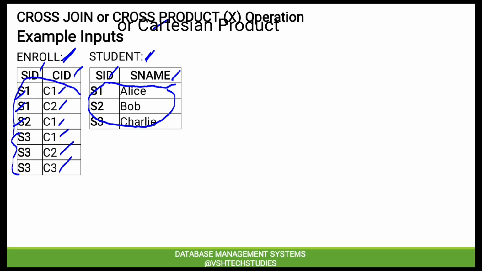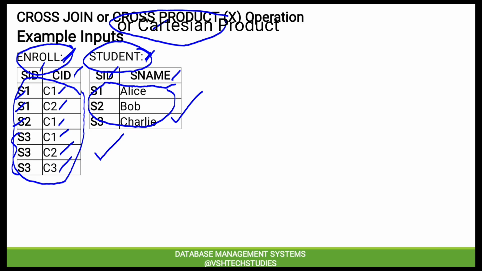This is the enrollment information of the students stored in the enroll table, and the student table stores the student details, that is student ID and student name. These two tables or relations are the input we shall take for our next example to understand the cross product or cross join concept.